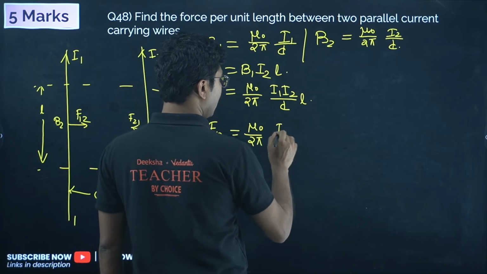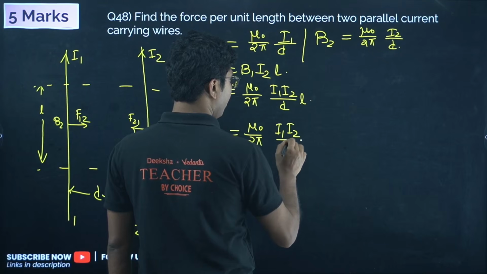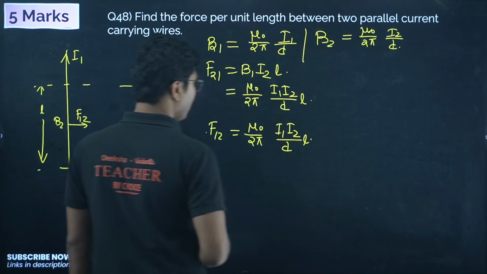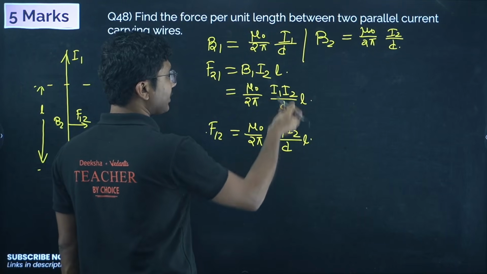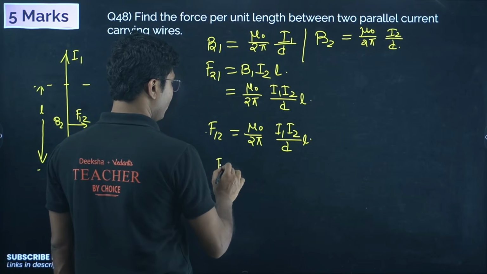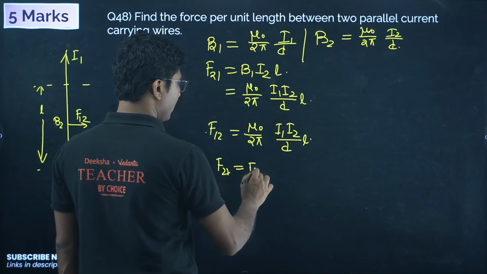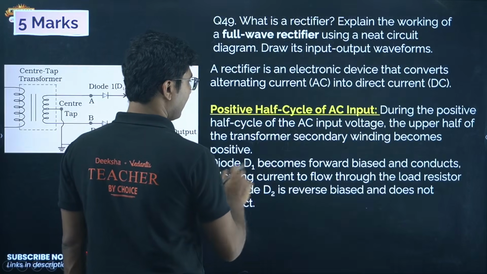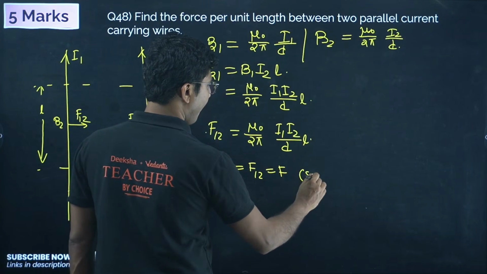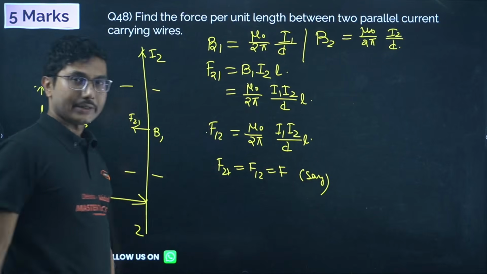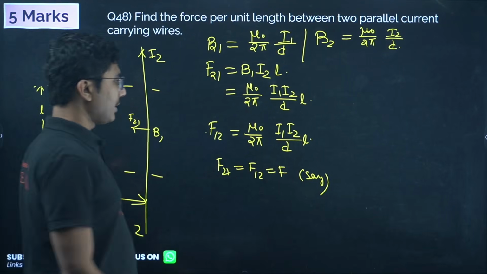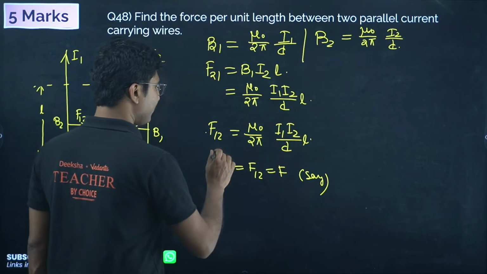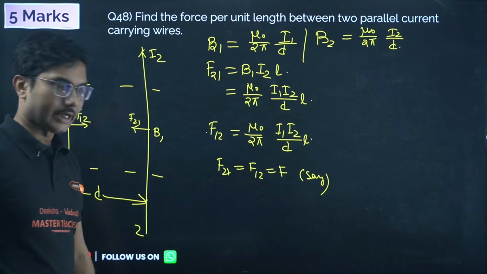So it will be again mu naught by 2 pi I1 I2 upon d into L. As you can see, both forces are the same. So F21 equals F12 equals F. Here the magnitudes are the same. Direction wise, if you write in terms of direction, they will be in opposite directions.